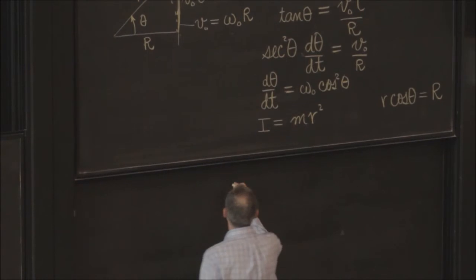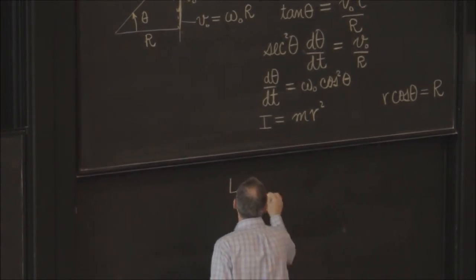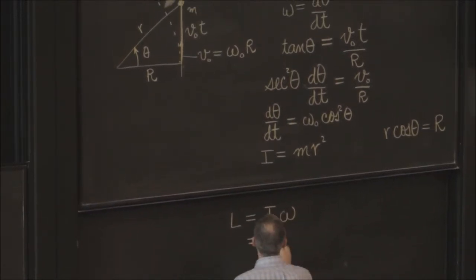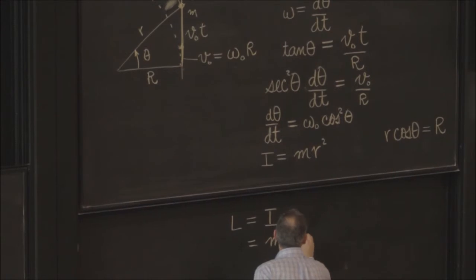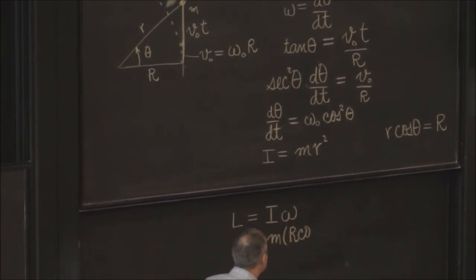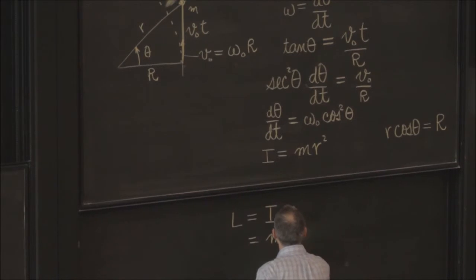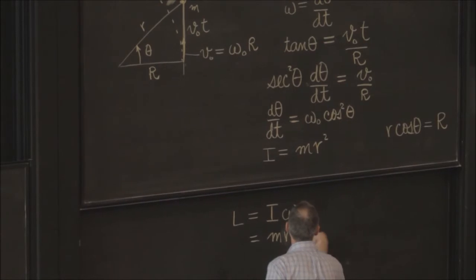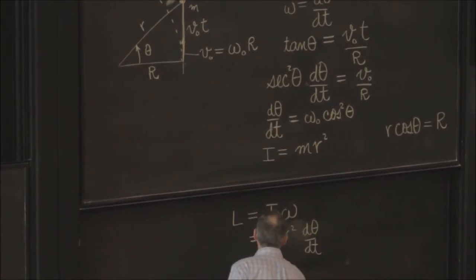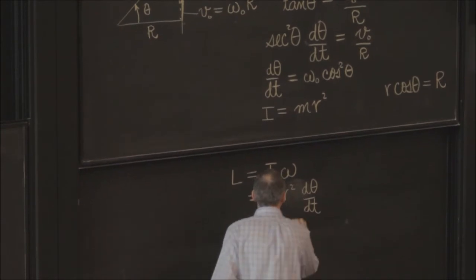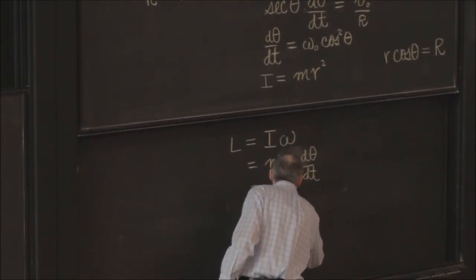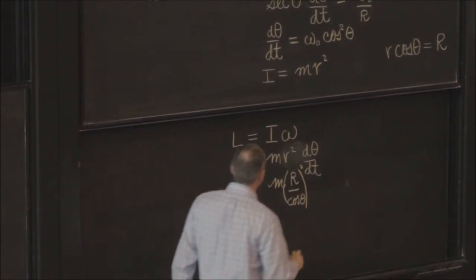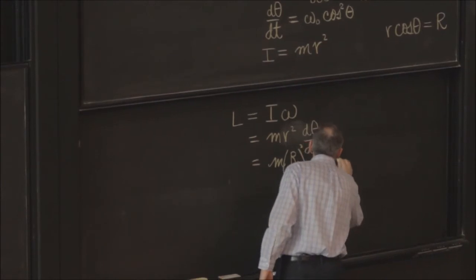So L final is equal to I omega, which is equal to m little r squared d theta dt, which is equal to m big R over cosine theta squared times omega naught cosine squared theta.